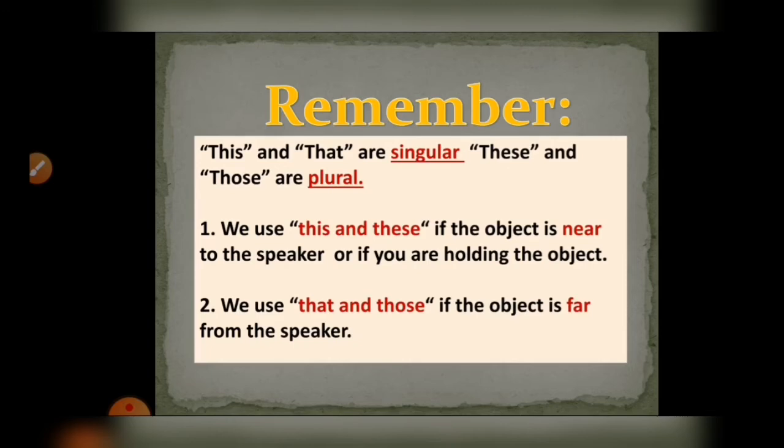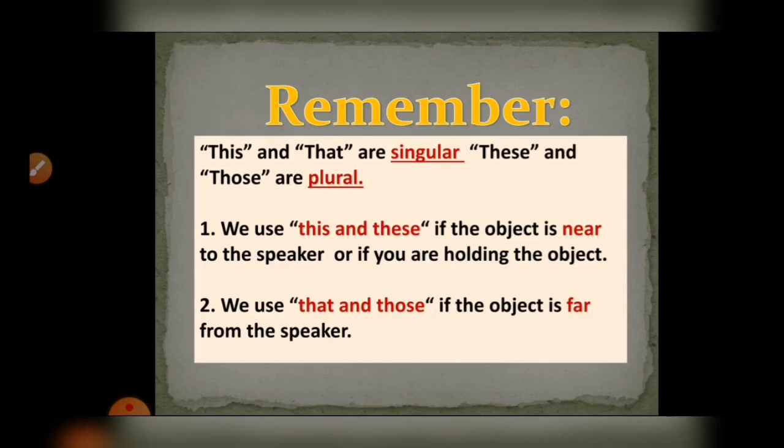Imagine Teacher Bebs is standing at the blackboard, I am teaching and my table is at the back, at the opposite side of Teacher Bebs. So it's far from Teacher Bebs. So I will use that because it is far. I cannot touch it. I have to walk to my table to touch something.